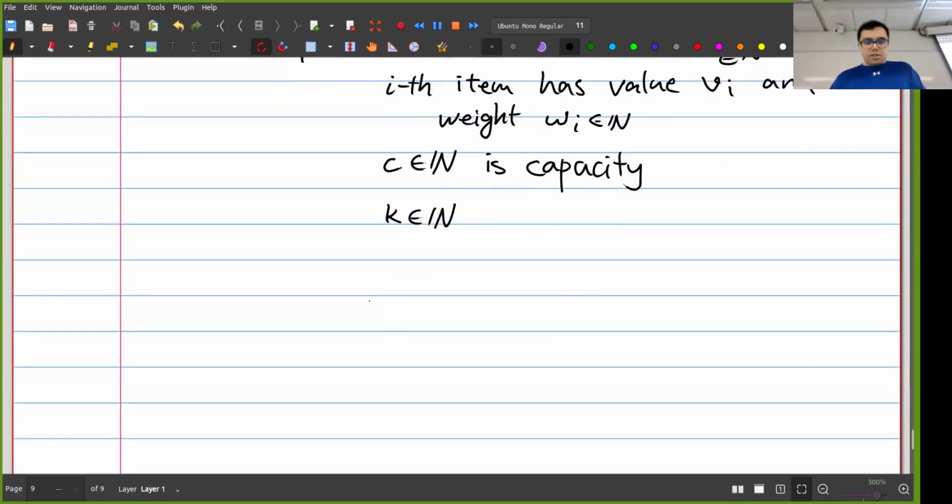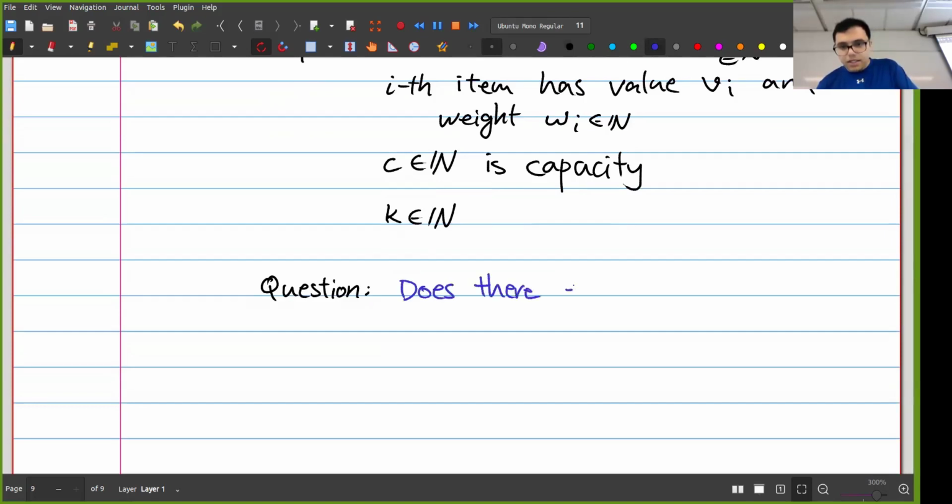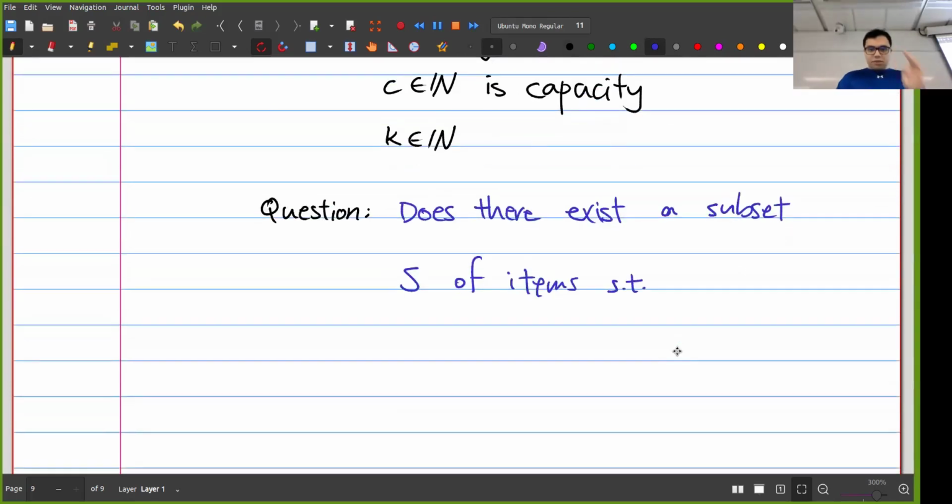Okay, so the question, again, because this is a decision problem, is this: does there exist some subset of the items, a subset S of items, such that, well, I want my items to fit.